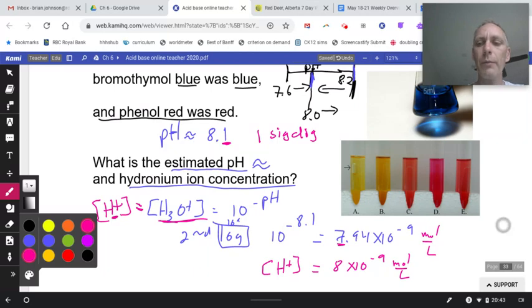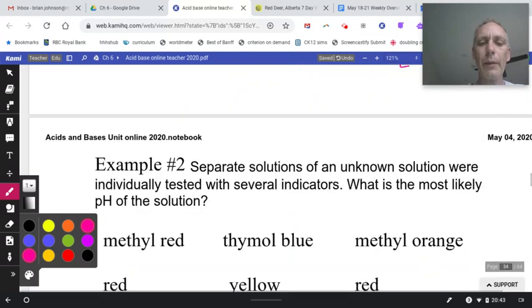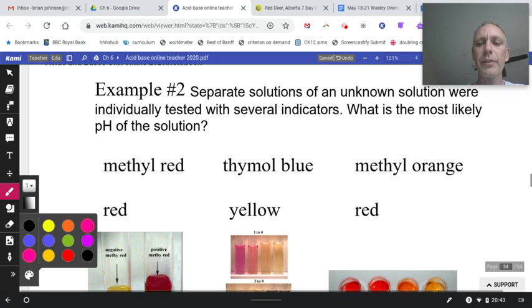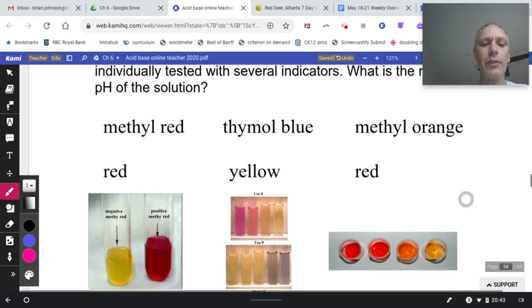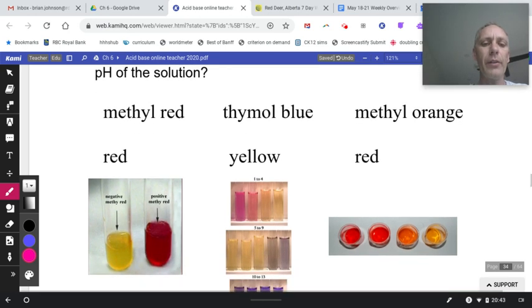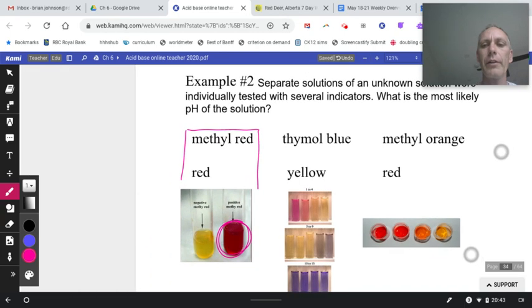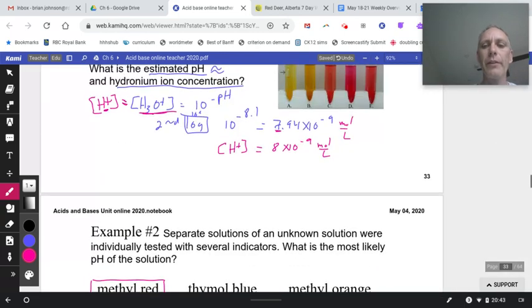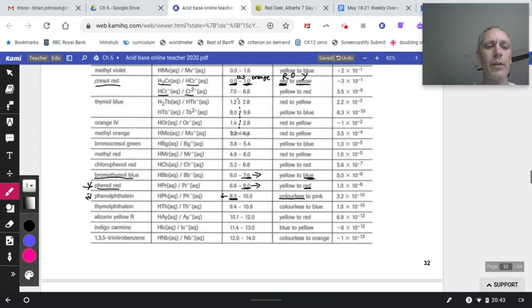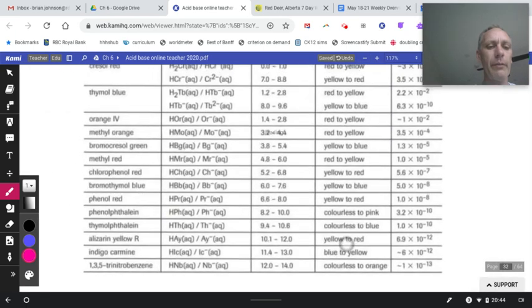We'll try one more. Example number 2. Separate samples of an unknown solution were individually tested with several indicators. What is the most likely pH of the solution? Methyl red turned red, not yellow. Okay, I'm going to jump back. Methyl red is red. So on our table, here's methyl red.